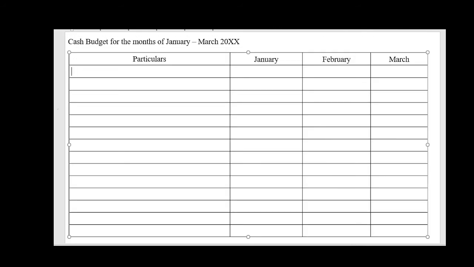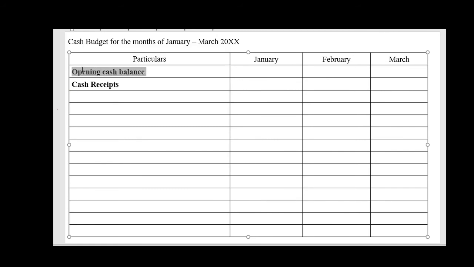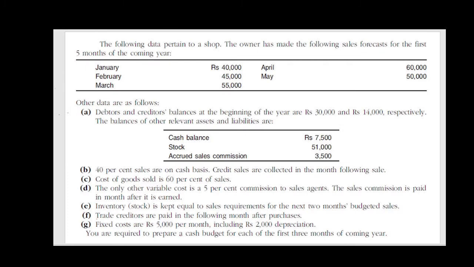We'll start with the opening cash balance, and then add all the cash receipts. Let us find out the opening cash balance. So it's given over here. Opening cash balance is 7,500.